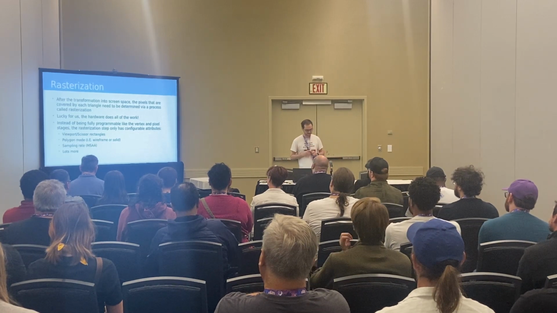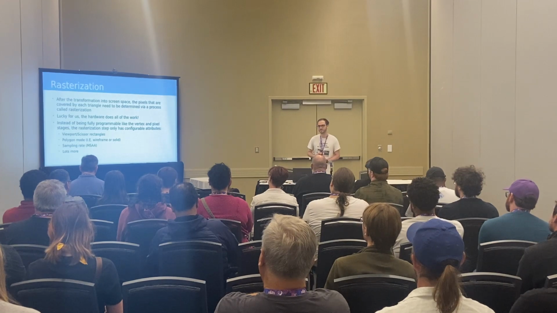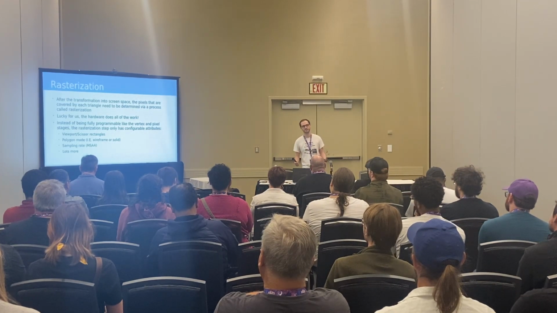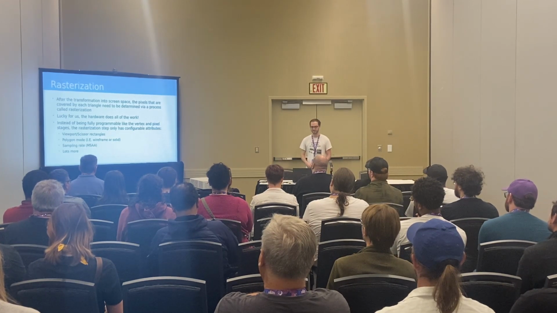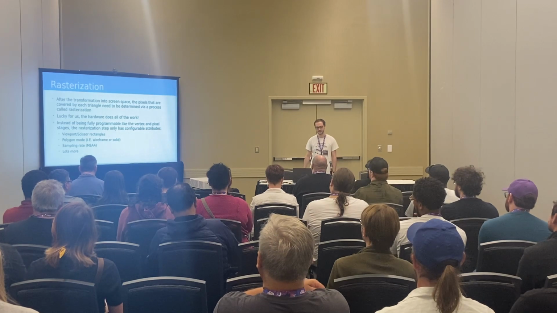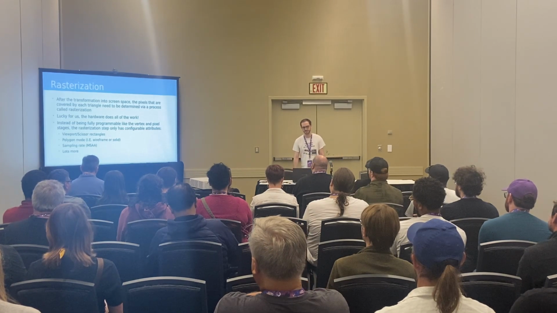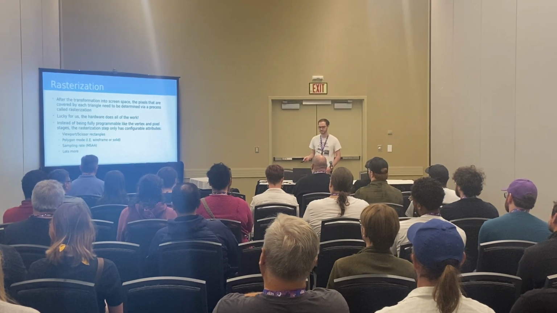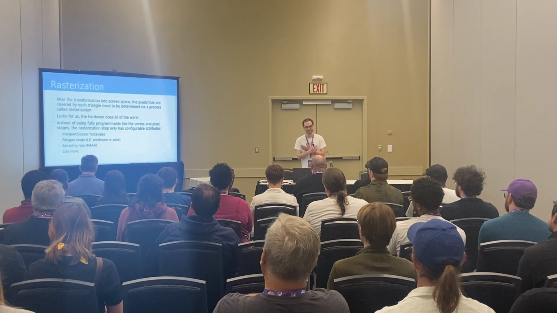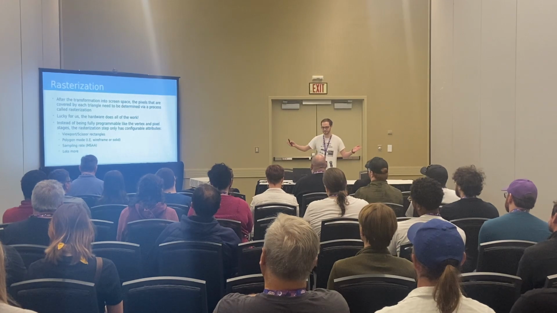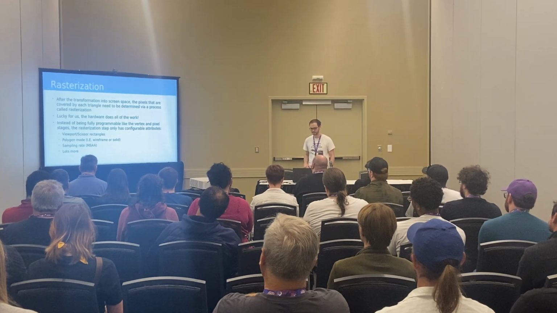I will mention though that even though it's not fully programmable, there are certain things that you can configure. If you've ever seen wireframe rendering, that is just telling the rasterizer to draw lines instead of fill triangles, and multi-sample anti-aliasing is something that you just ask the rasterizer to do for you, for example.